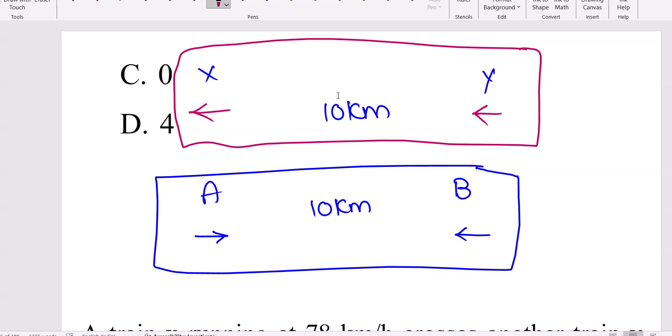You are telling clearly A and B will take less time to meet, sir. When distance is constant, time is less, means speed is more. That is the reason why speed should be added here. Here it is taking more time. Time taking more means speed is less. So speed should be subtracted here.